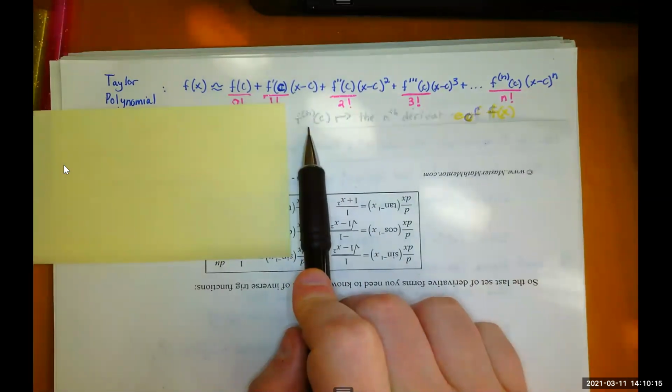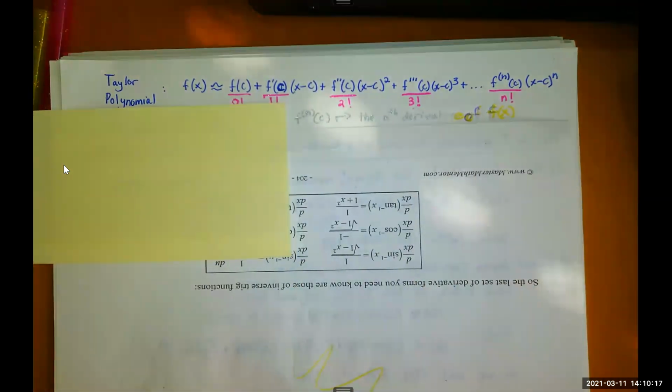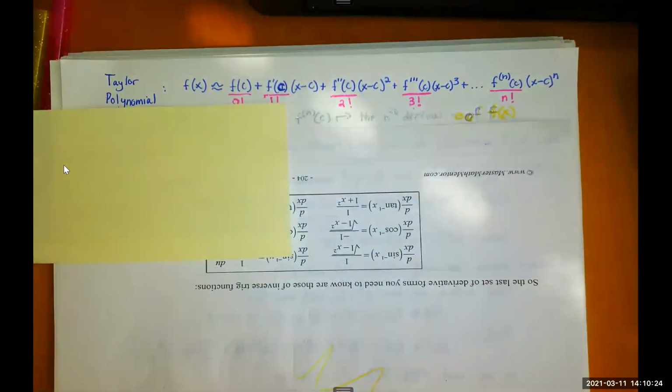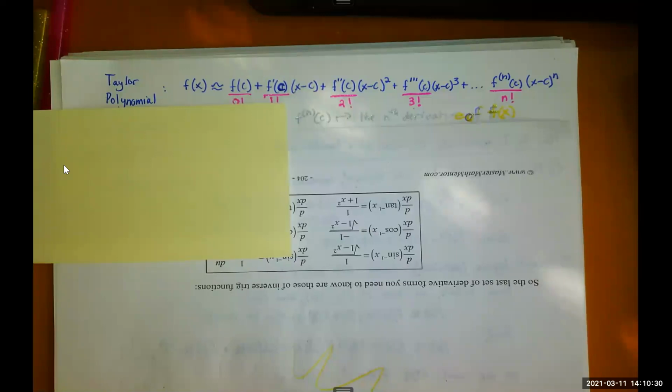This notation, forgive the pen change, I had pens that died on me in the middle of writing, means the nth derivative of f of x. The nth derivative of f of x. We haven't used that notation for a very long time. Last time we saw that was way back when we first learned about repeated differentiation. So here it is again, me reminding you, I know it's been a while.